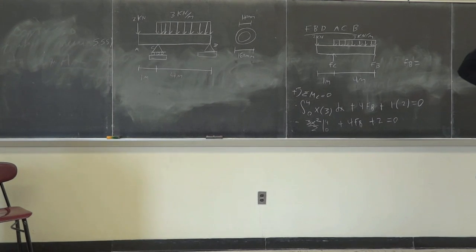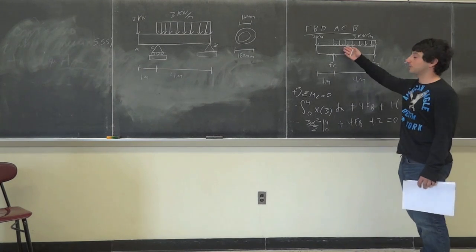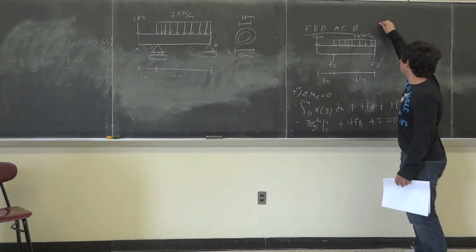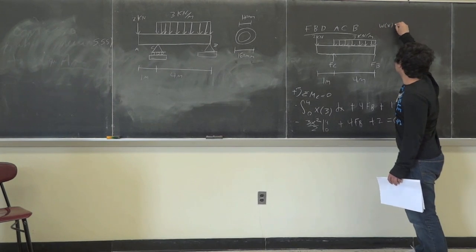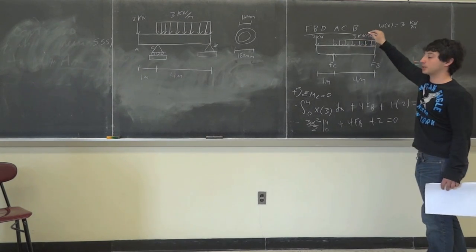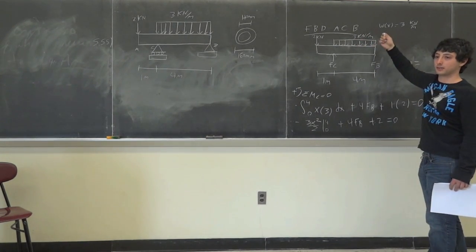Why do we use an integral for this? Why do you need to integrate? I told you before, if it's a distributed load, right? Okay, so this function, W of x, is equal to 3 kilonewtons per meter, right? Let's say you had some curve, you're going to have to integrate.